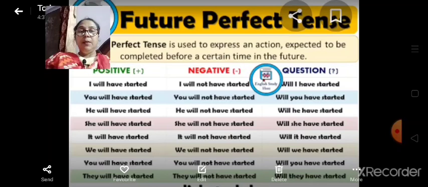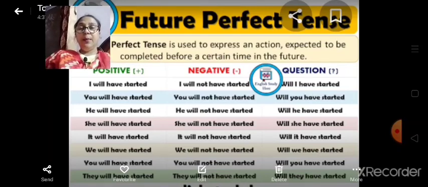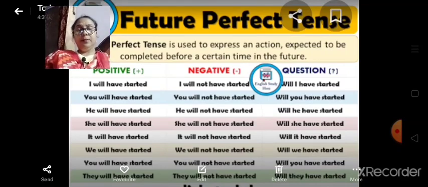Now, the example is the same, but the pronouns are different and the making of the sentences is different. You can see, you will have started, you will not have started, will you have started. These types of examples are very useful for you.